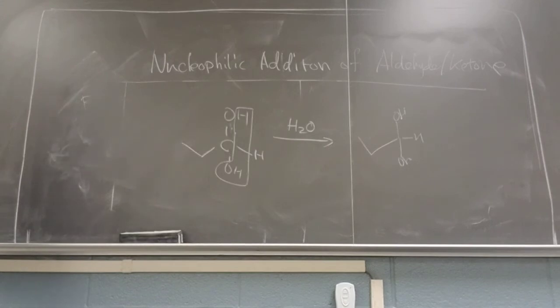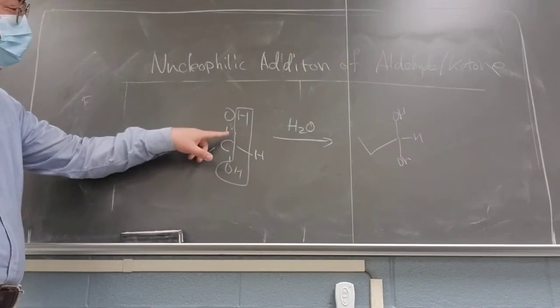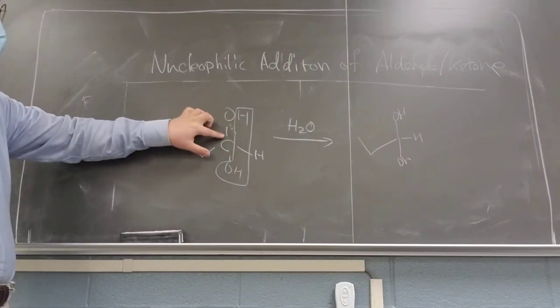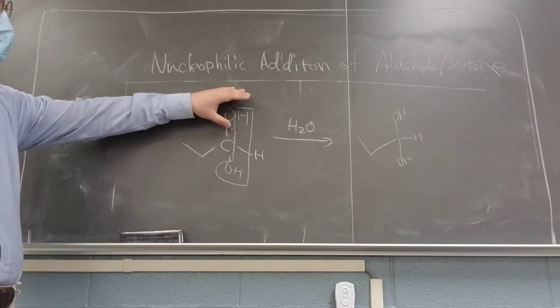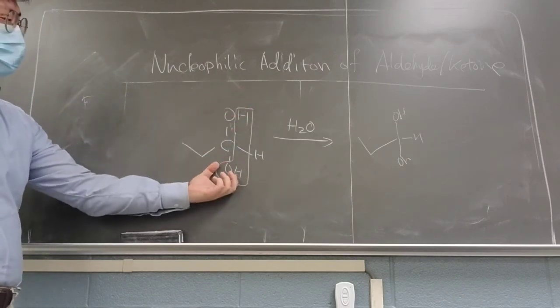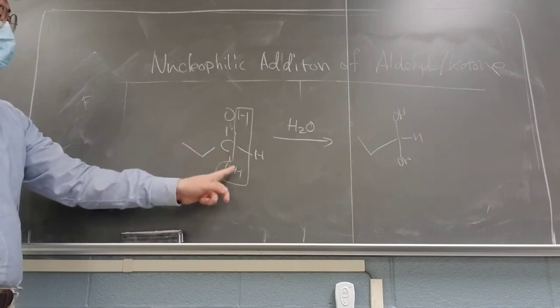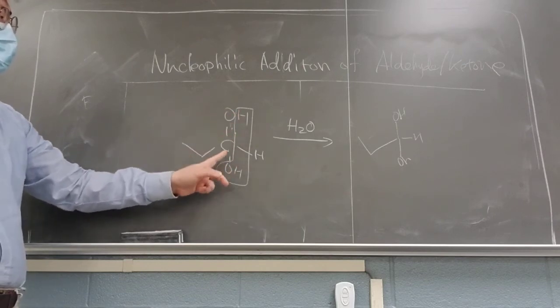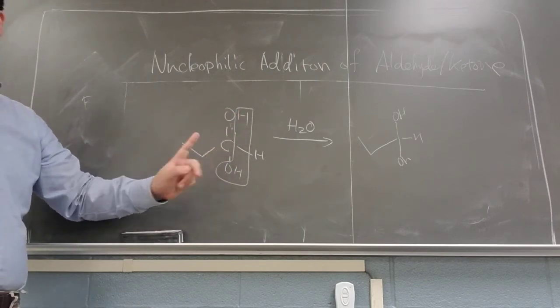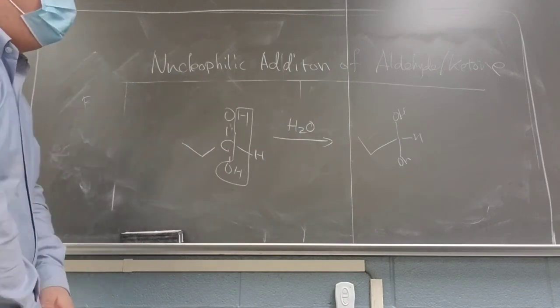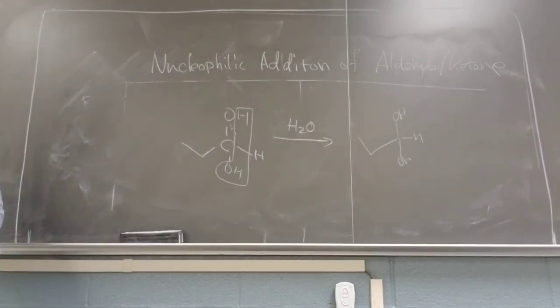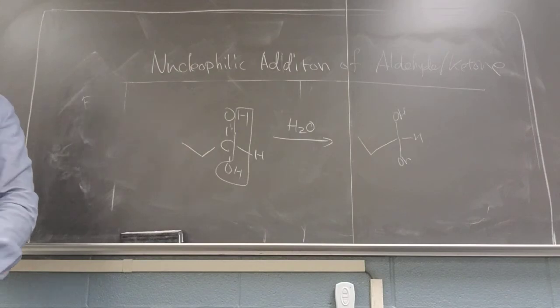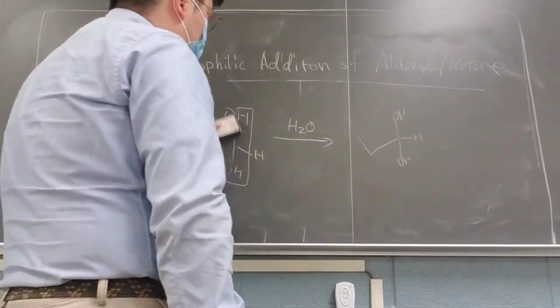Remove the double bond between oxygen and carbon. So it will be a single bond, but with the hydrogen, so it will be a hydroxy group. Another hydroxy group will be from the water, so it makes the diol, and on the same carbon, so it will be our geminal diol. Make sense, right?